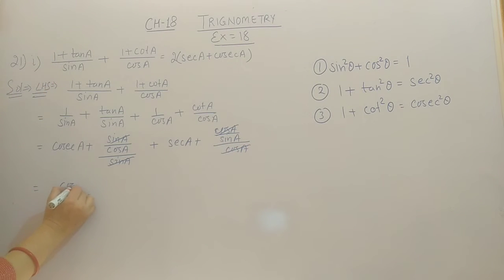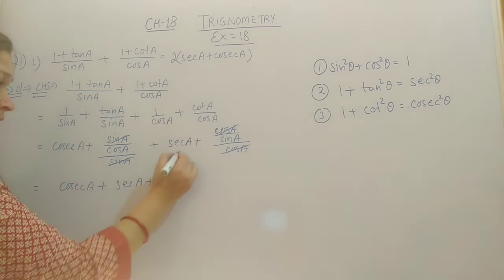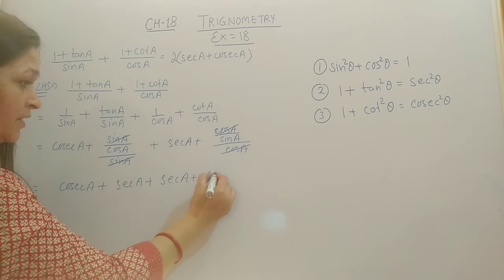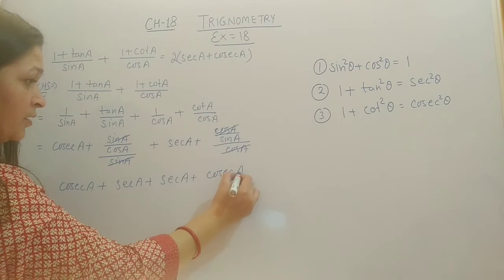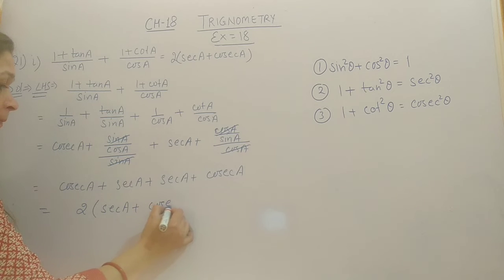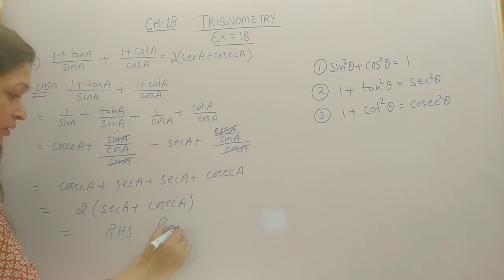We have cosec A plus 1 by cos means sec A. This sec A as it is, and 1 by sin means cosec A. So we have 2 cosec A, 2 sec A, and that 2 we can take as common. After taking 2 as common, we have 2 times sec A plus cosec A. We got right side, hence proved.